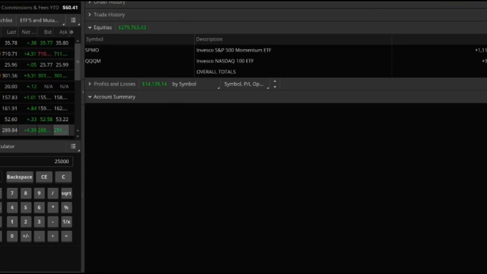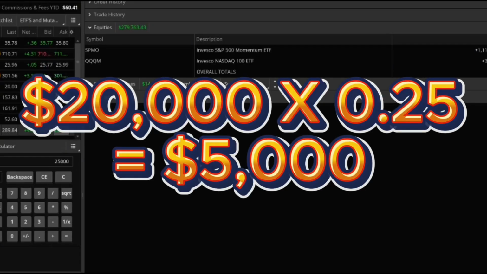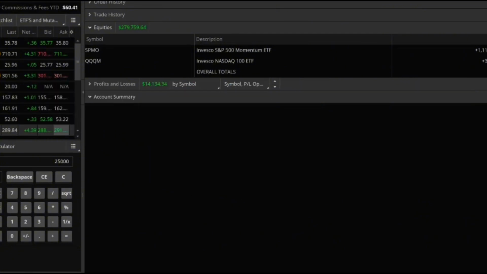Okay, you guys. So what we do in the math is we're going to do $20,000, which is our new market value, guys. $20,000 is now our new market value, times 0.25. That's going to equate to $5,000. $5,000 is basically the margin maintenance requirement and the buffer that we need to stay away from our $10,000 in debt, you guys.